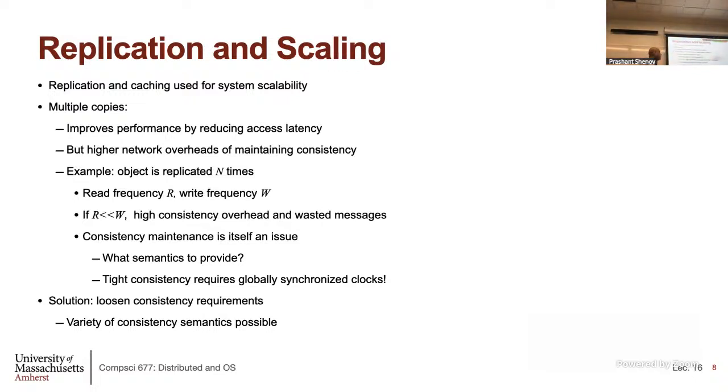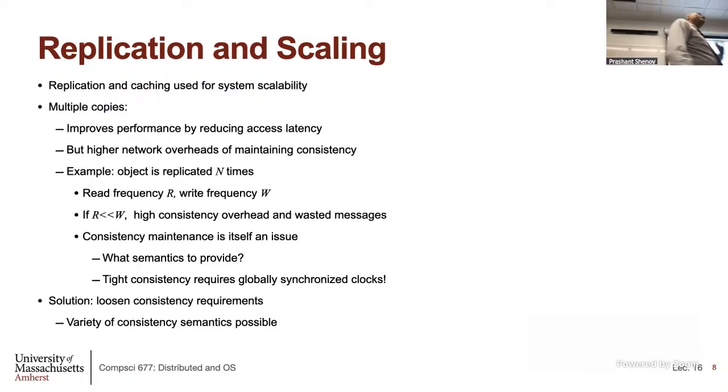And here is a very simple example. Let's assume there is some data or object that is replicated n times. N is some number greater than 1. Now we'll assume that this data item is read with some frequency r, which means that it's getting accessed with some rate r, but it's also being modified at some rate w. Now the modification rate, the write frequency, is directly related to the consistency overhead.